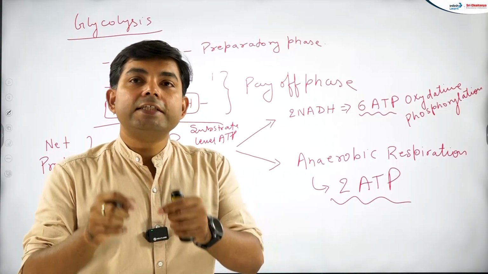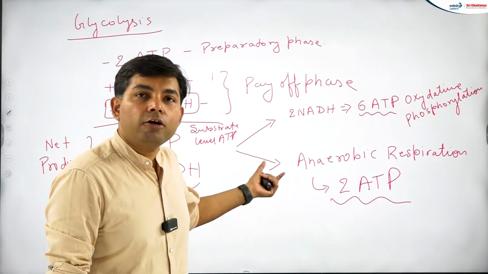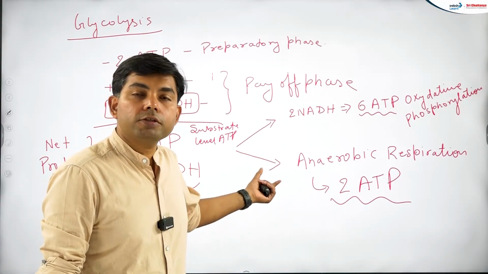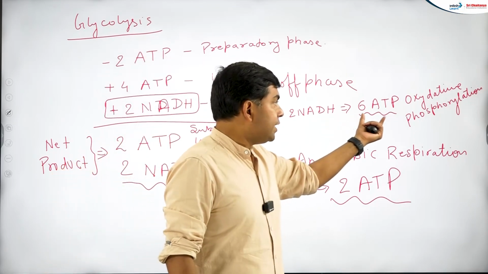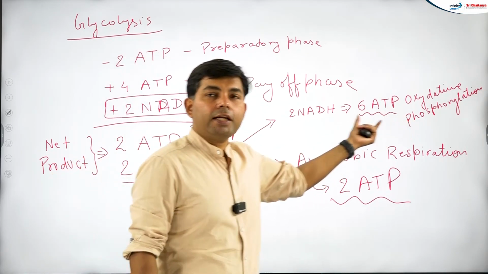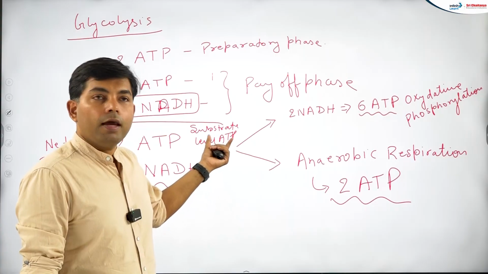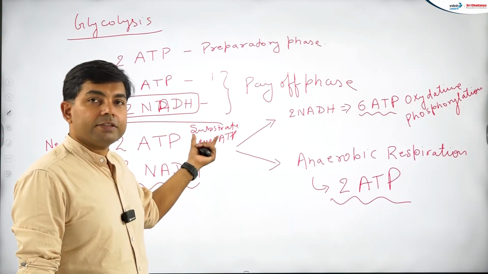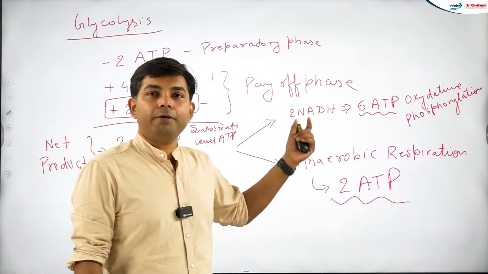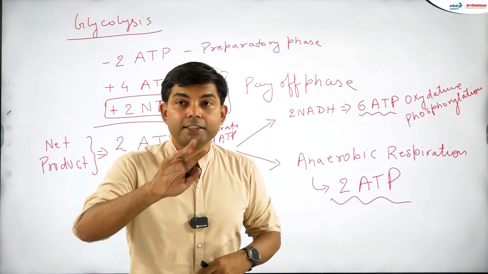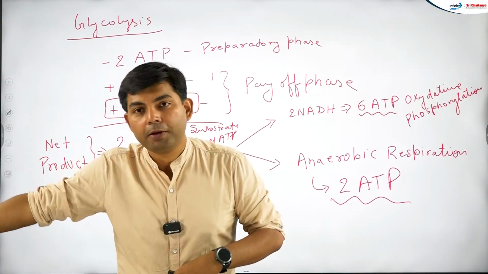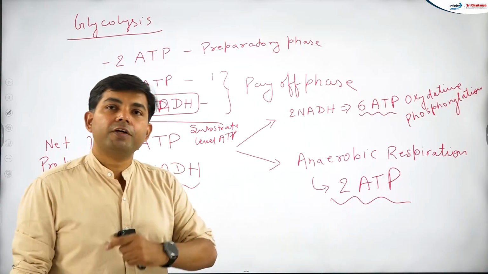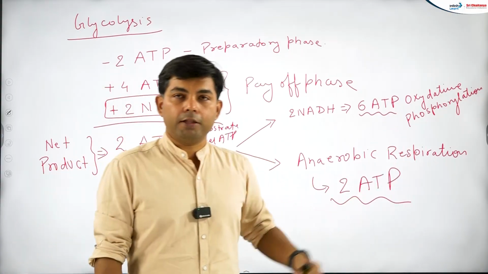If the pathway is aerobic, then glycolysis will produce 6 ATP through oxidative phosphorylation and 2 ATP through substrate level ATP. So that is a total of 8 ATP produced in glycolysis if it is following the aerobic pathway, and 2 ATP if it is following the anaerobic pathway.